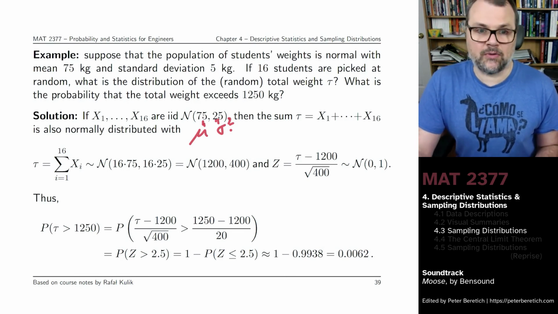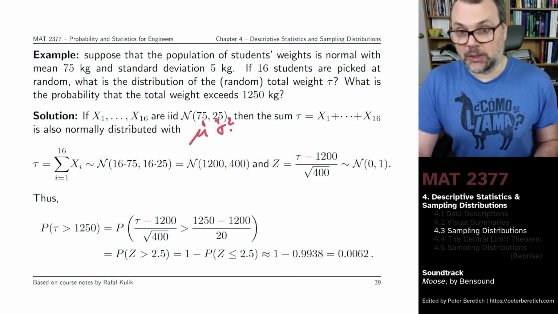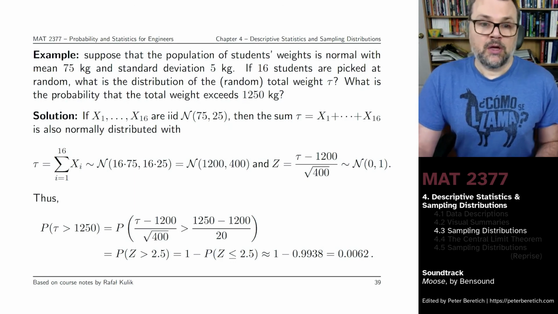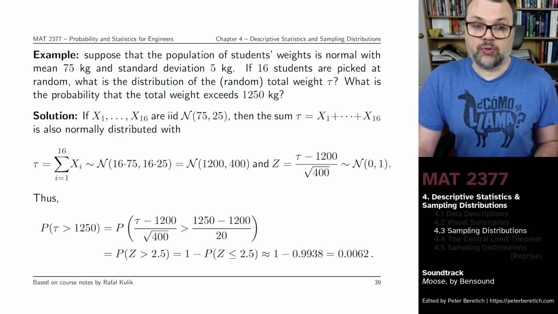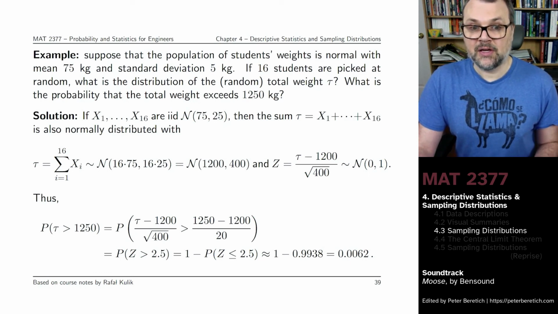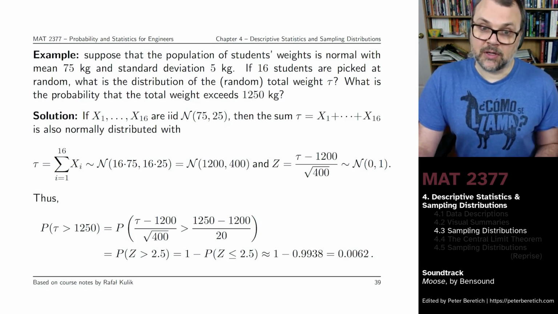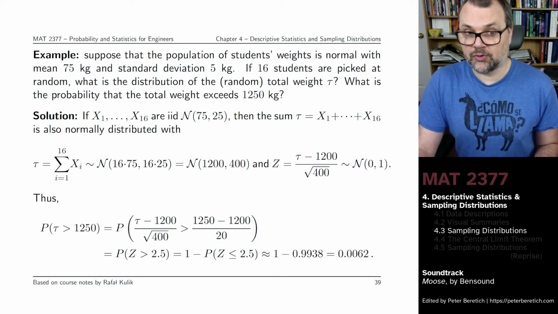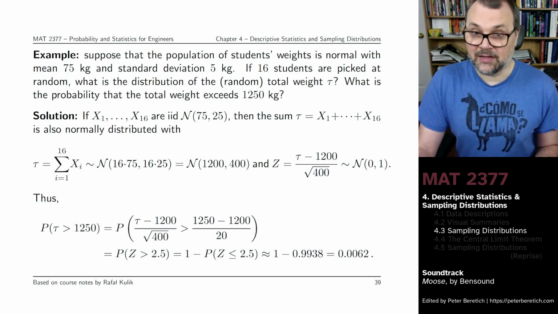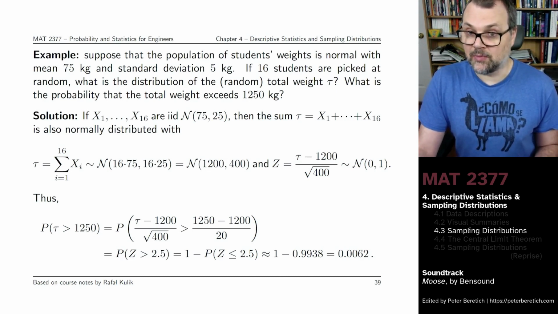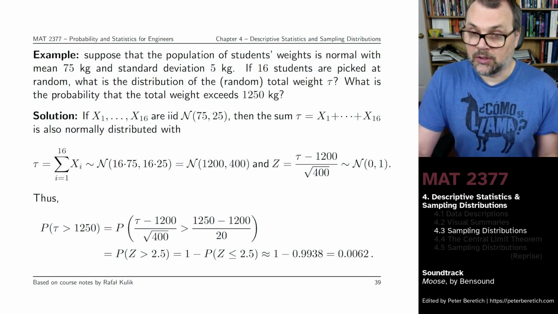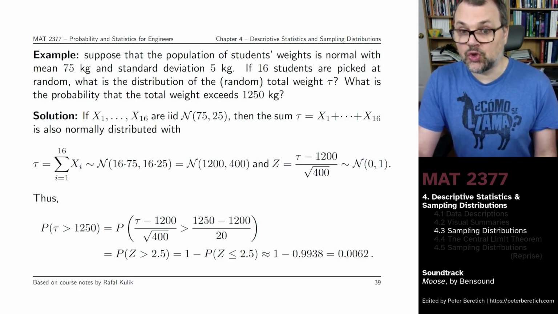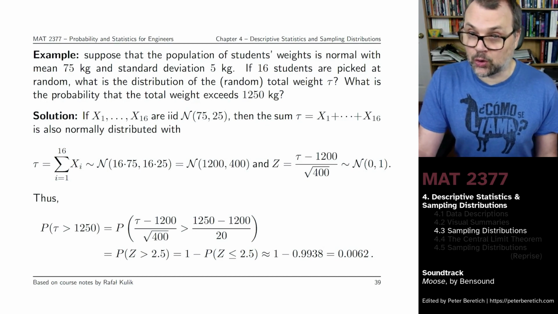The sum tau will also be normally distributed according to what we've just seen, and it will follow a normal distribution with mean mu times n, 75 times 16, and variance sigma squared times n, 16 times 25, so basically 1200 and 400. Now you can standardize that by subtracting the mean and dividing by the standard deviation, and this Z is going to follow a standard normal distribution.